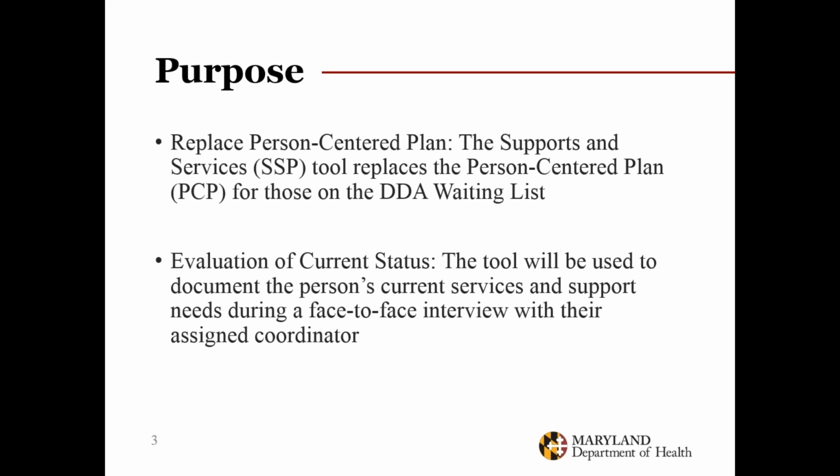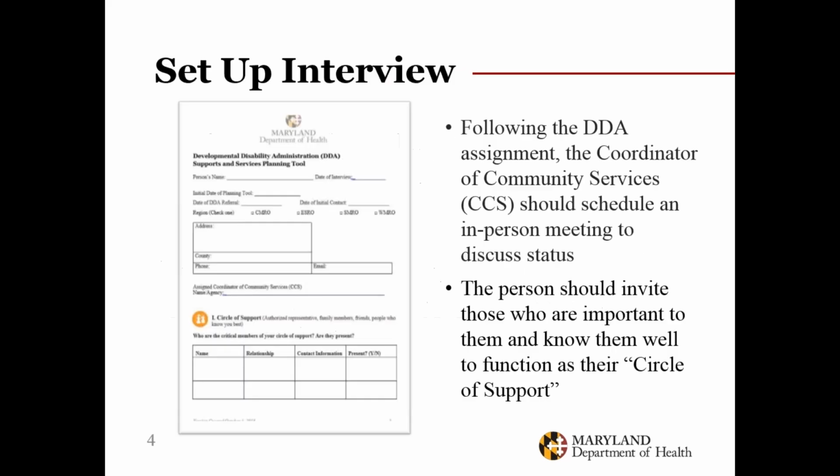Anyone who has been on the list prior to this date should have an SSP tool completed during their next quarterly monitoring and follow-up visit. The SSP tool will be used to document a person's current services and support needs, and this should take place during a face-to-face interview between the person and their identified circle of support, and of course you, the CCS.